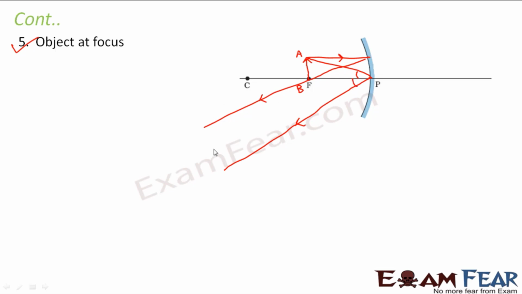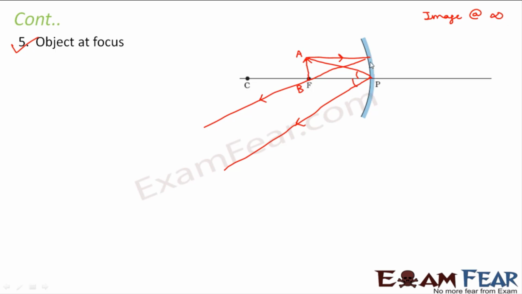In this case, what do we see? The two rays are going almost parallel and they do not appear to meet immediately. So what do we assume? We assume that since they are going parallel, they will meet at some infinite point. So we say that the image is formed at infinity.